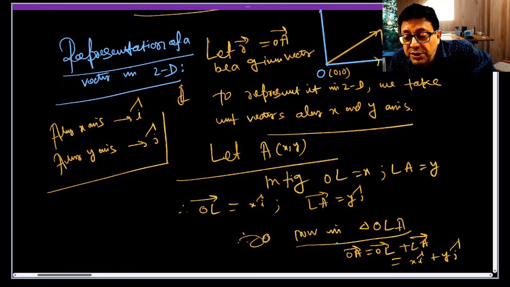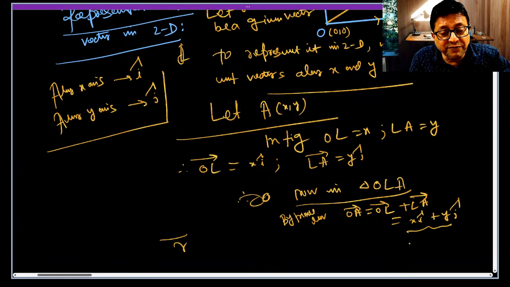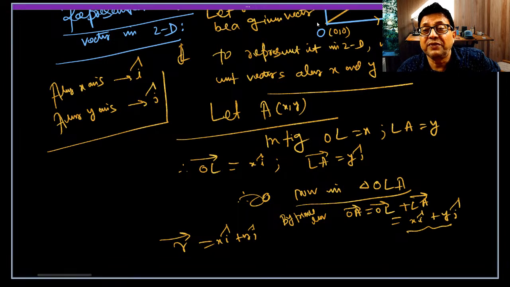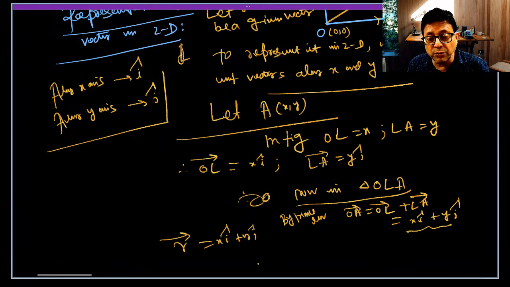How did I get this relation? This is by triangle law. This we got by triangle law. OA equal to OL plus LA, that is x i plus y j. So the vector R is x i plus y j. Clear? So vector represented in 2D in terms of the unit vectors along x and y axis.